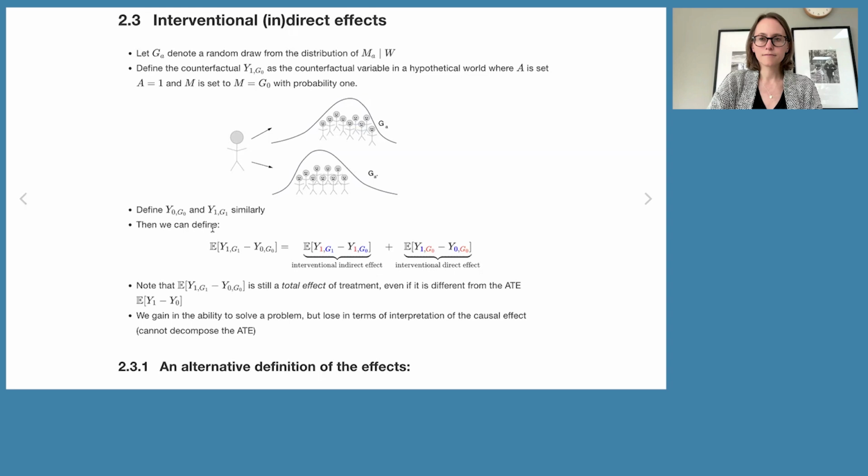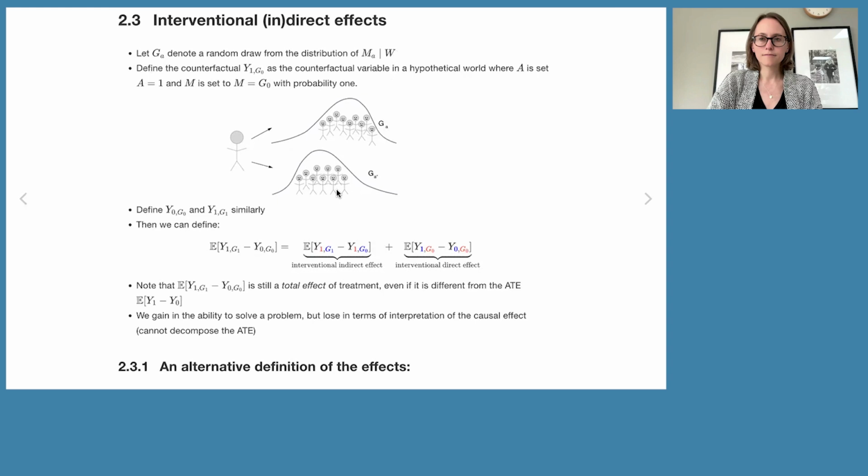It's kind of hard to think about, but I have a picture here so you can think about, for example, a distribution of mediator values conditional on covariates W under some assigned treatment equals little a, versus a different distribution of mediator values, again conditional on covariates, under treatment something else, little a star.